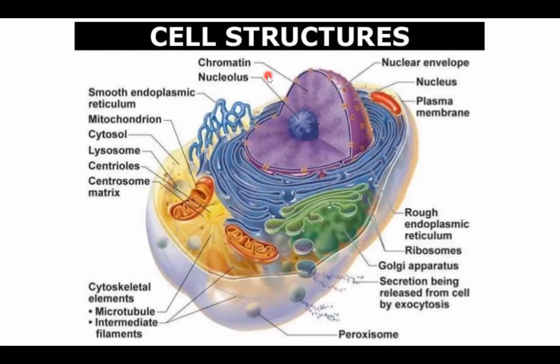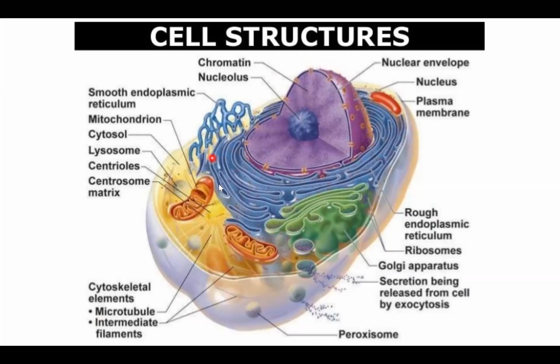I know that this is a eukaryotic cell because this structure here, this big purple thing, is a nucleus. So nuclei are one of the major differences between prokaryotic cells and eukaryotic cells. Prokaryotes, pro being before, they evolved before the nucleus did, so they do not have nuclei.